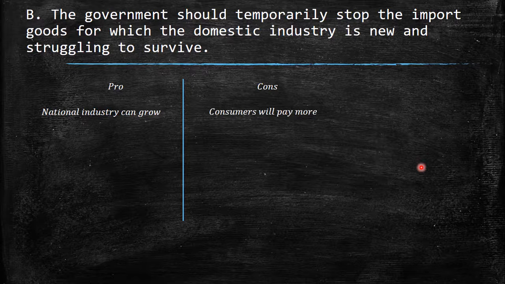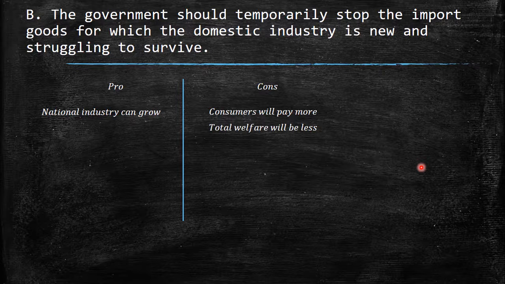But on the other side, given the lower competitiveness of this new national industry, consumers definitely have to pay more instead of buying from abroad.